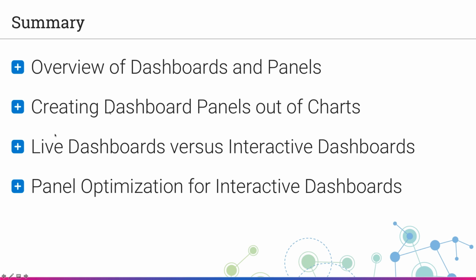We talked about how to create dashboard panels out of your charts. After you create your query, you create a chart. You can play with all the different options, and then you can add that to a panel within a dashboard. Once it's been added to a dashboard, you can still edit the properties of charts as well, as I showed you, including the query itself.